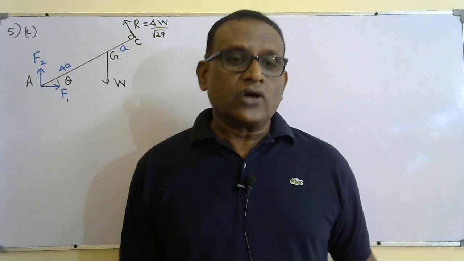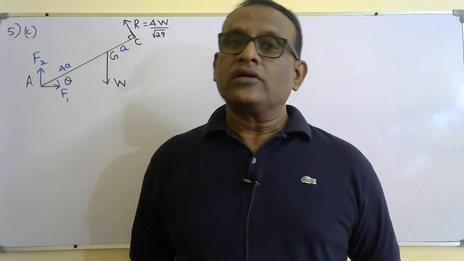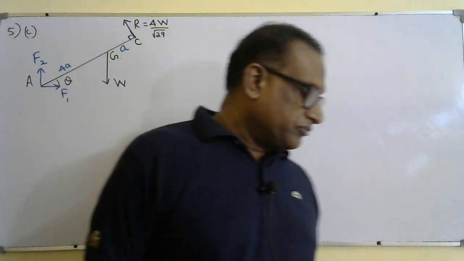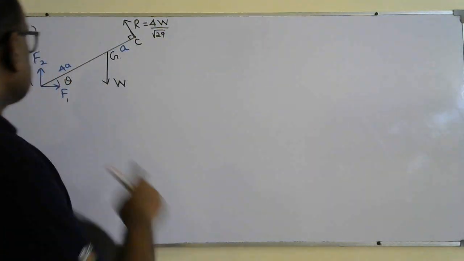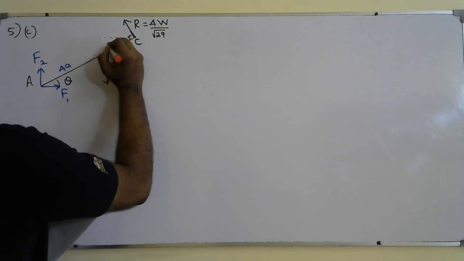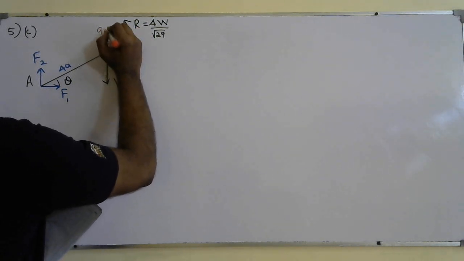Okay, since the rod is in equilibrium, the resultant force acting on the rod AB must be equal to 0. And when I resolve all the forces in any direction, it must be equal to 0. So we know this angle is theta with the horizontal, which means this will be 90 minus theta.